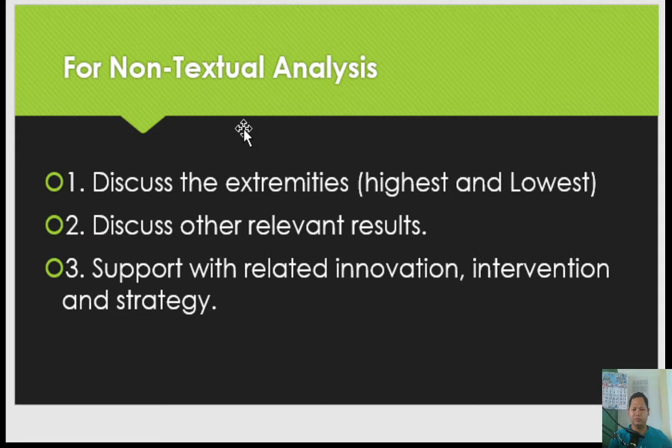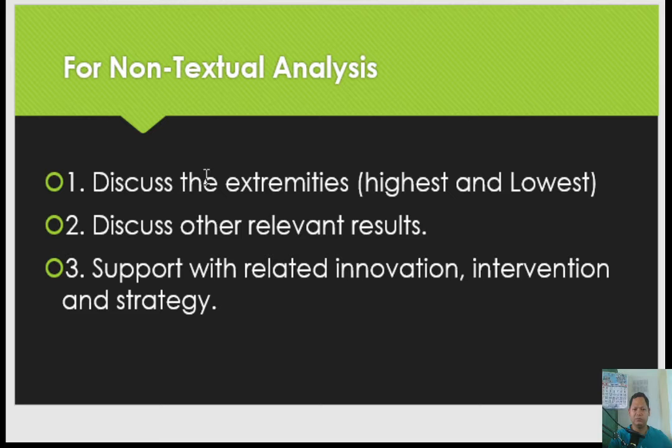I think you're familiar with this already, especially number one. If you are already a graduate of master's degree, usually the pattern in explaining the tables in your research paper is you just find the highest and the lowest mean. It is almost the same with action research.